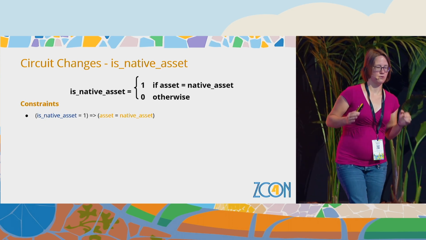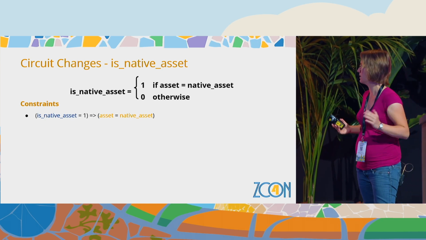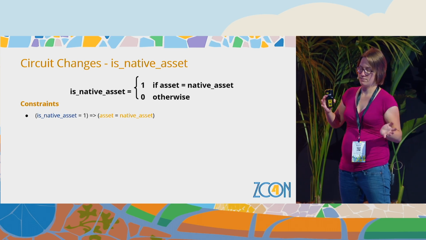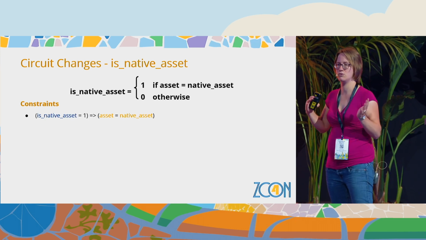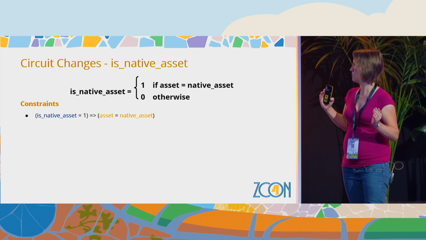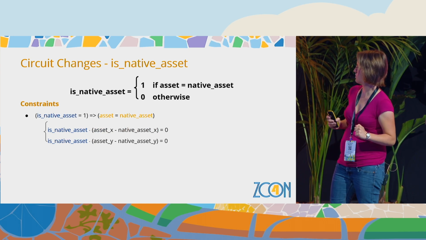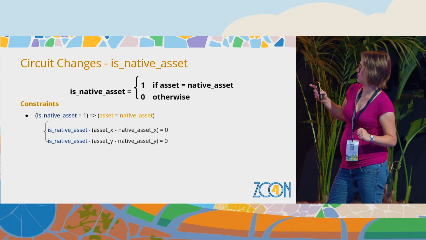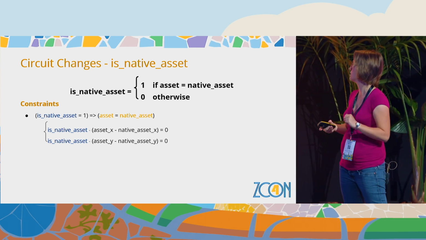This constraint, we have to convert it into the Halo2 format, into the Zcash format. In the Zcash format, we could only use some base elements. The asset and native asset are elliptic curve points, so we need to use their coordinates. And we could only use a set of equations which are equal to 0. So we will convert this constraint like this: isNativeAsset times (asset x minus native asset x) is equal to 0, and the same for the y coordinate.